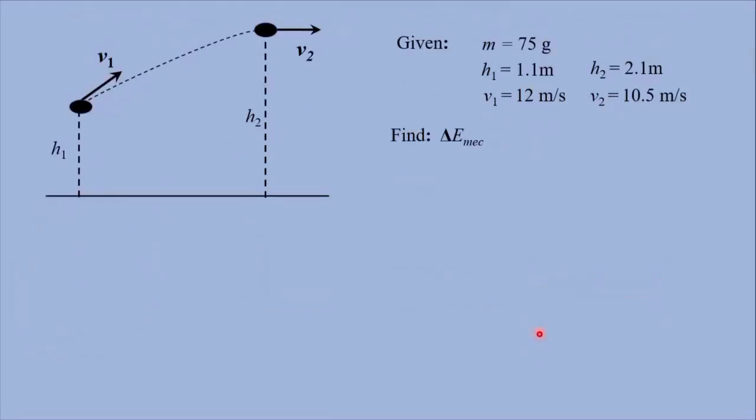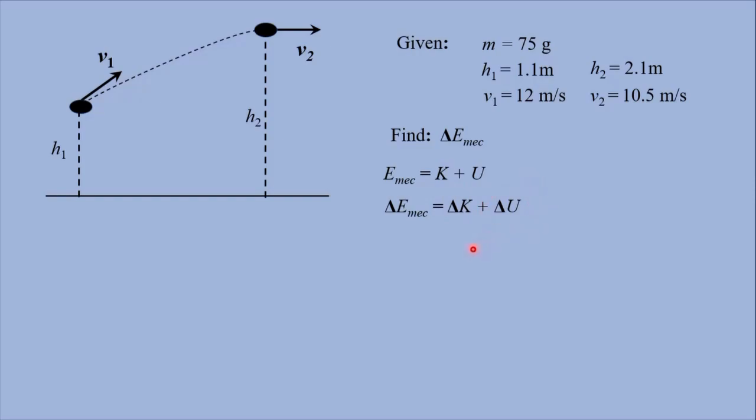Another student decided to use definition of mechanical energy as the sum of kinetic energy plus potential energy. In this case, change of mechanical energy is the sum of changes kinetic plus potential energy.